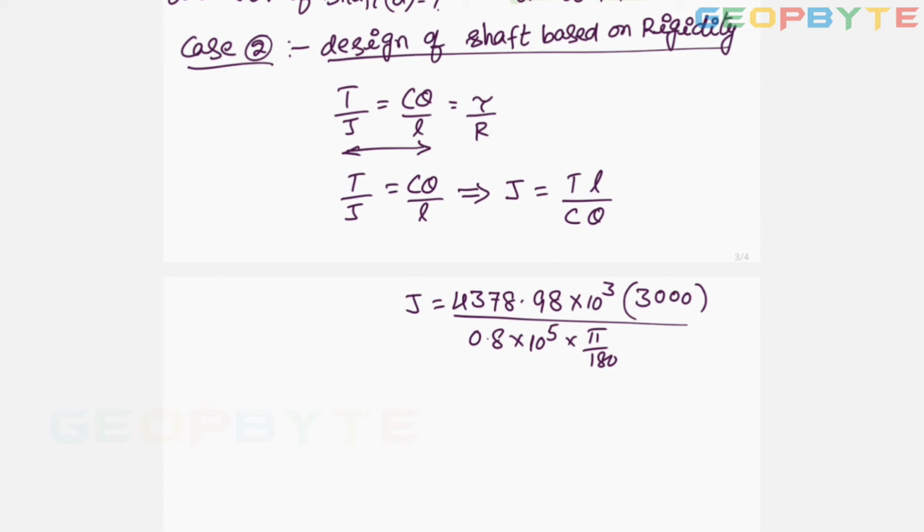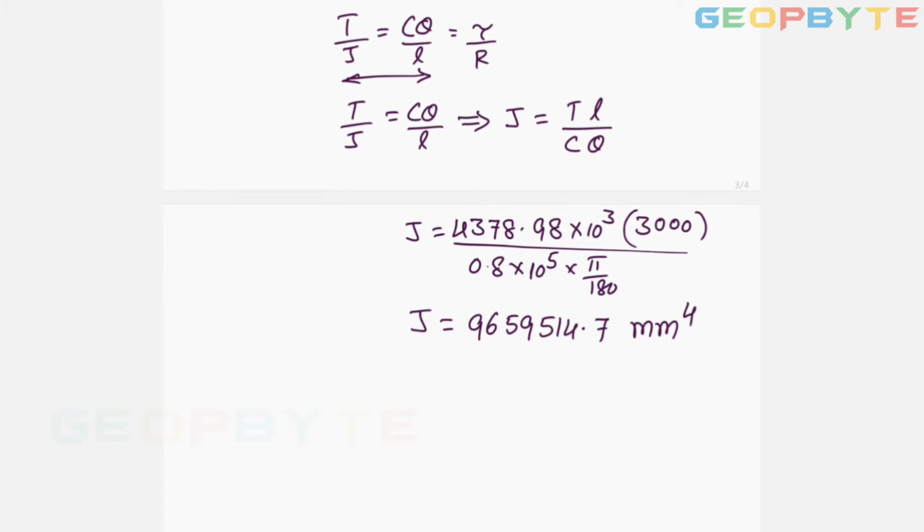Simplify this value and you will get J equal to 9659514.7 millimeter power 4.